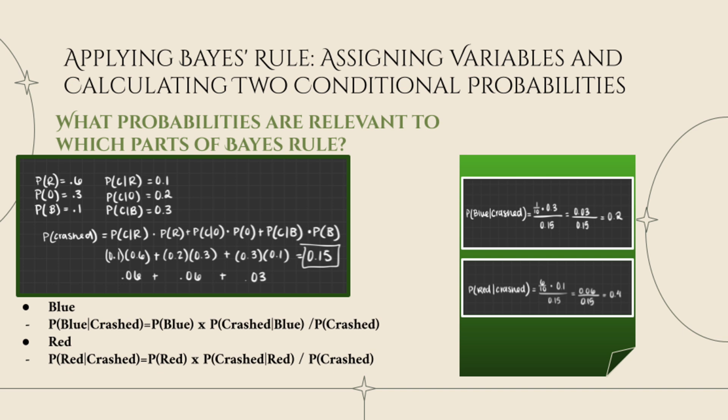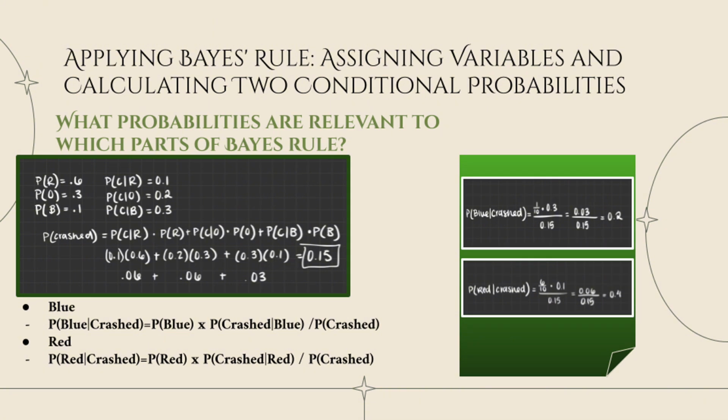You can see on the image on the right that you just plug in all the values. So it would be 0.1 times 0.3 divided by 0.15, which equals 0.2. And same goes for the red. It's the same formula. You just change up the values. So for red, it would be 0.6 times 0.1 divided by 0.15, and that would equal 0.4.